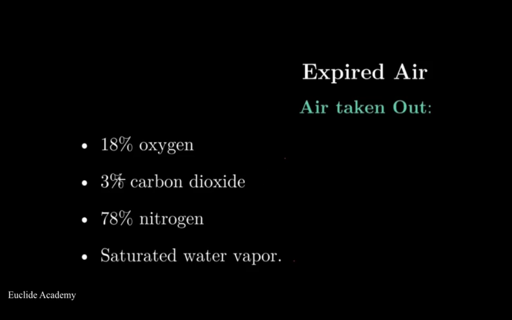For carbon dioxide, we've produced carbon dioxide from respiration because we were burning food in the body, and the byproduct produced was carbon dioxide. We produce carbon dioxide inside our body, and this has to be taken out. So we see an increment of carbon dioxide from 0.04% to 3%. Nitrogen typically remains the same. And we've got water vapor being taken out of the body, because we've got more water in our body tissues, and therefore it's expected that we have saturated water vapor.